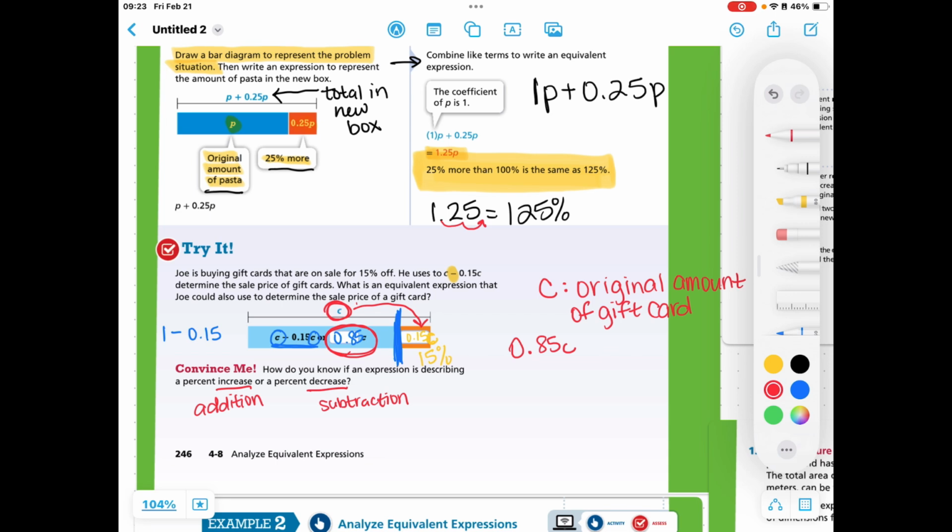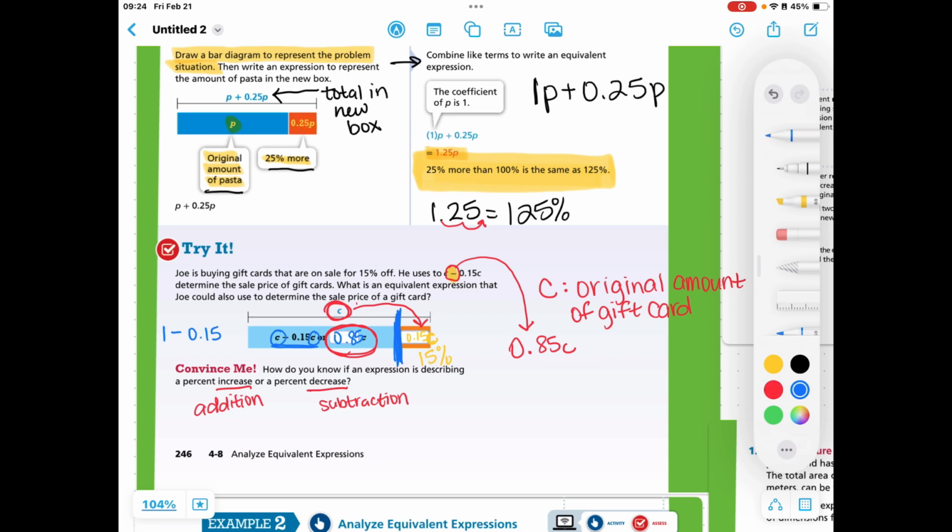Now, another thing to also add is this 0.85. Notice what's happening. We have that subtracting, so it brings us to something that is a decimal. 0.85 is less than 1. Therefore, that could also represent that decrease.